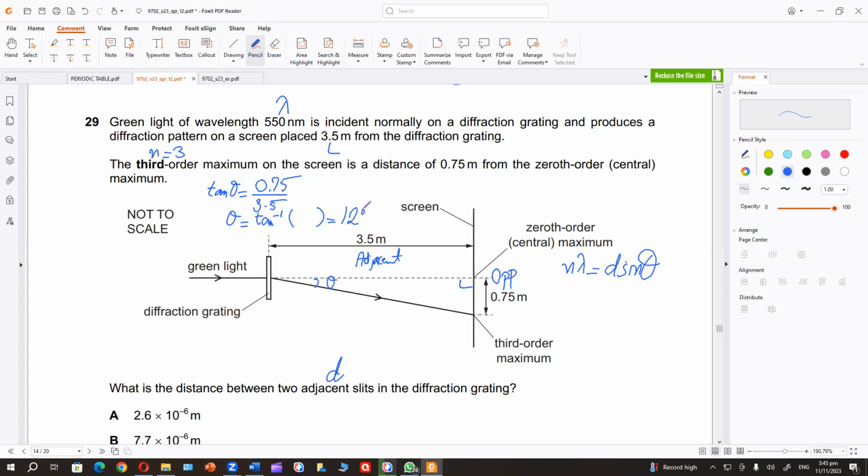The calculator should be in degree mode. What is the distance between the slits?